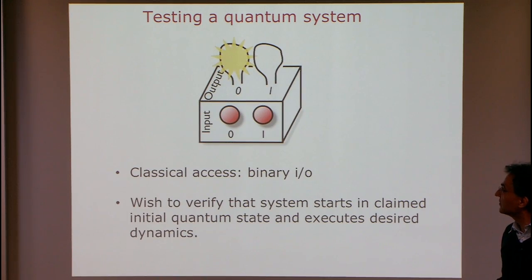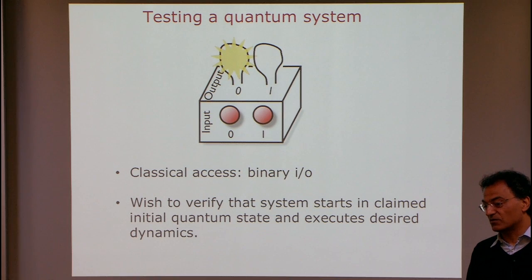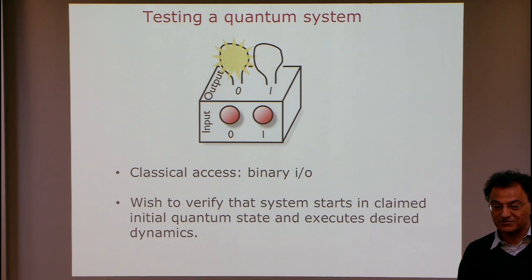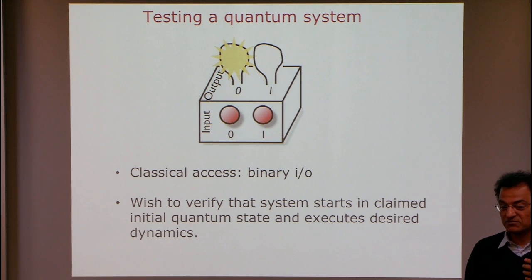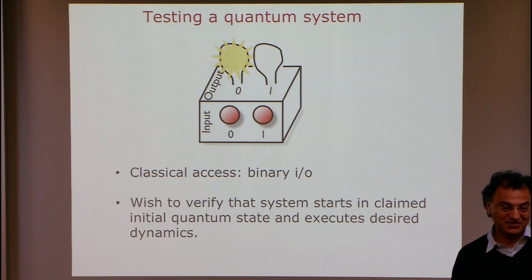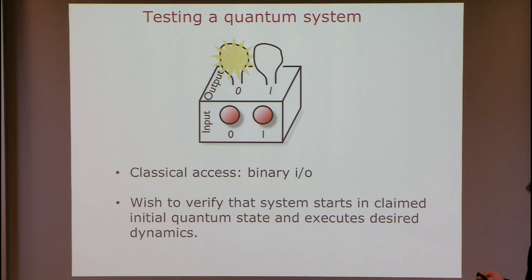So now imagine what happens when you actually implement a quantum system, and say that you don't, for various reasons, entirely trust this quantum system. You might not trust it because maybe it's being used in quantum cryptography, and cryptography and trust don't go together. Or maybe you don't trust it just because whenever you build some device, you really do need to test it. So how do you test something which is exponentially more powerful than you are?